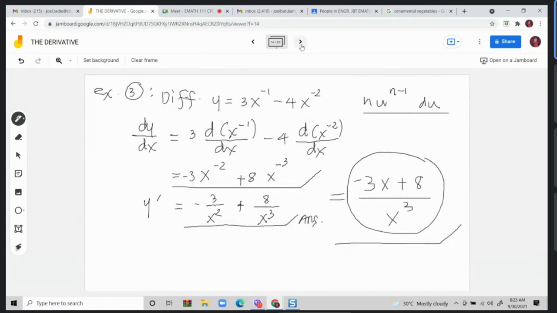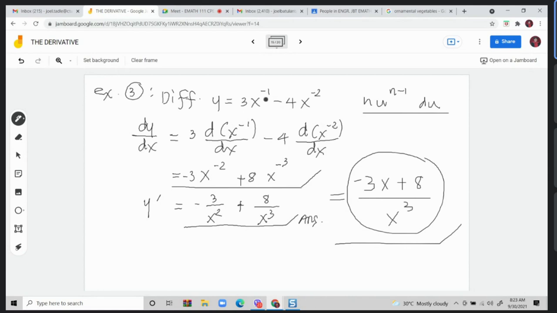So let's go to number 3. What if the given function has a negative exponent? We have here y equals 3x to the power negative 1 minus 4x to the power negative 2. We won't panic, because we still use the same formula, the power formula.